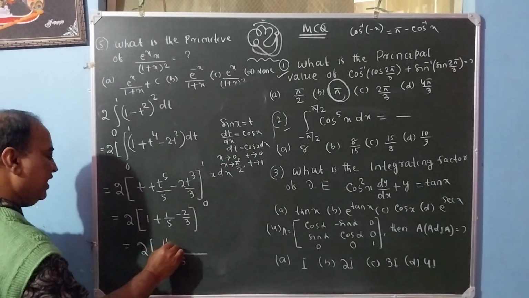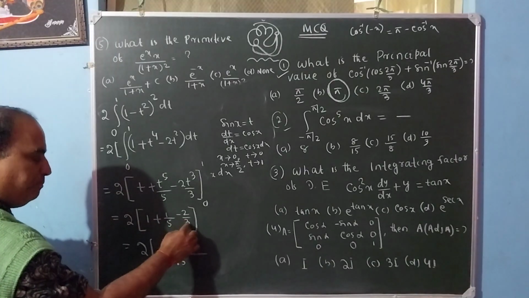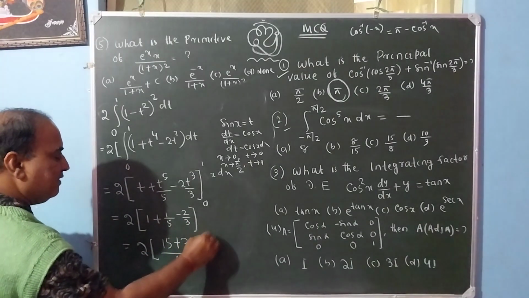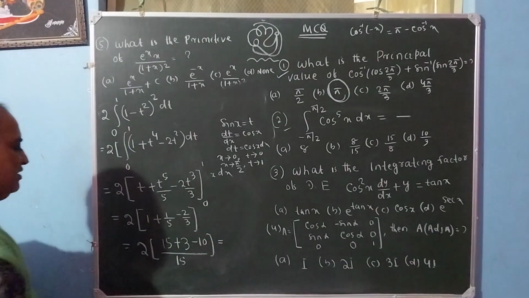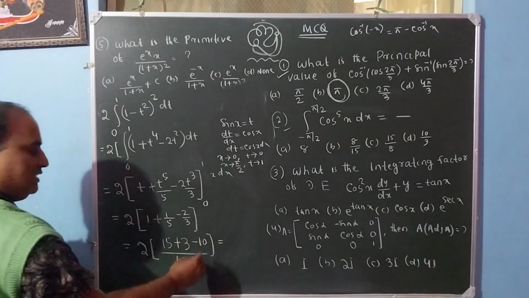The LCM is 15. So 15 plus 3, that is 18, minus 10.